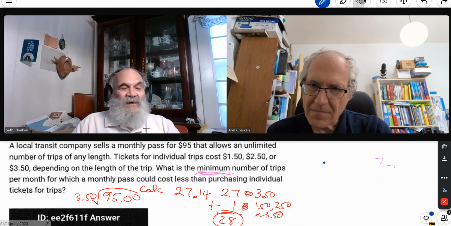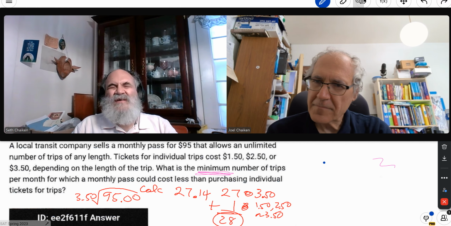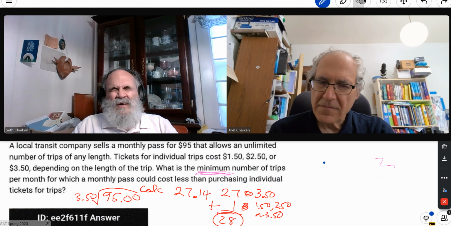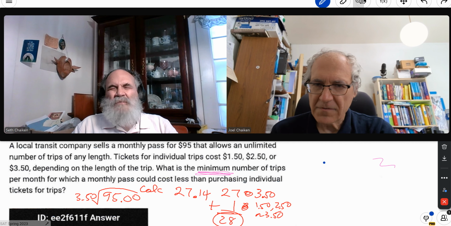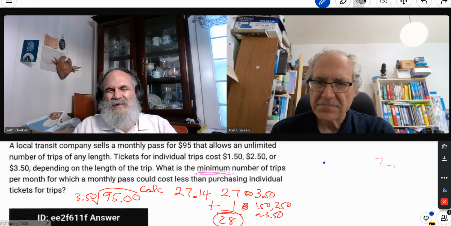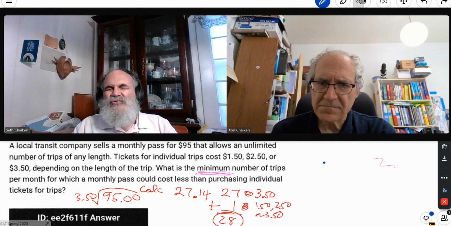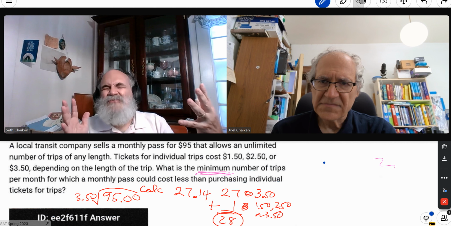The intuitive idea is that to minimize the number of trips where the unlimited pass would be less expensive, you use it for the most expensive trips.